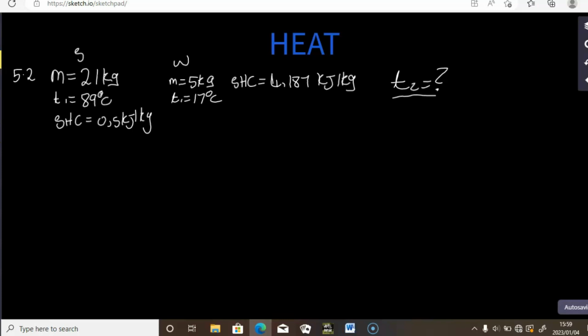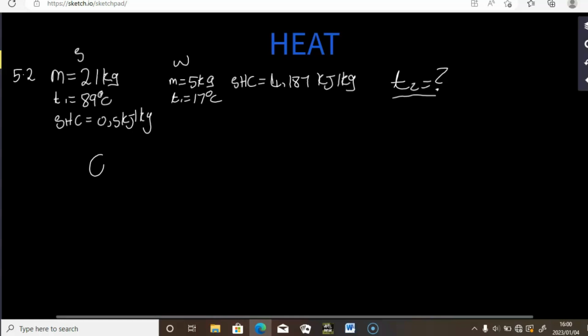We are asked to calculate for what? T2, the final temperature. We know that the heat transfer will take place up until the steel and the water are having the same temperature. At that stage, there will be no heat transfer. So we're looking for that temperature. And we know we are going to use what? Heat energy lost by the steel is equal to heat energy gained by the water.